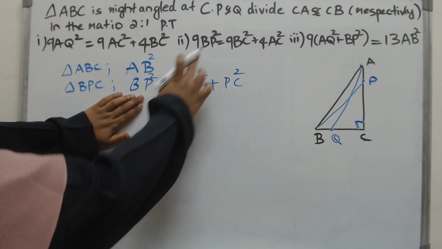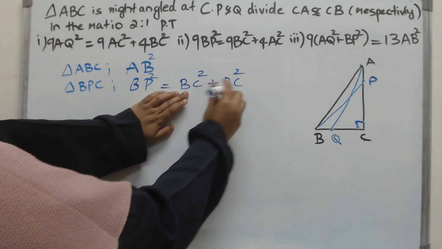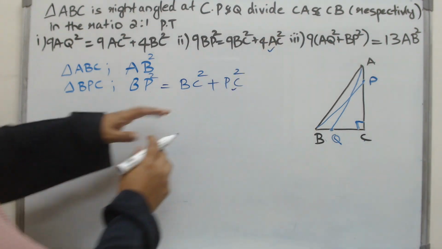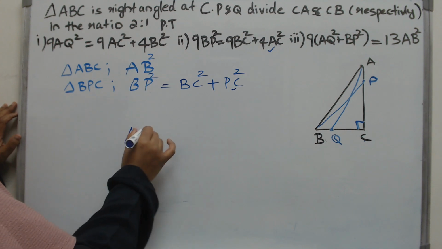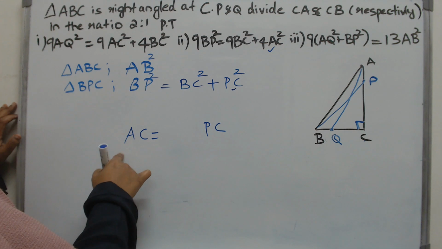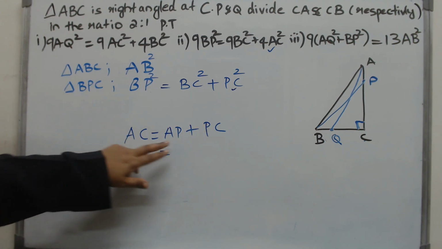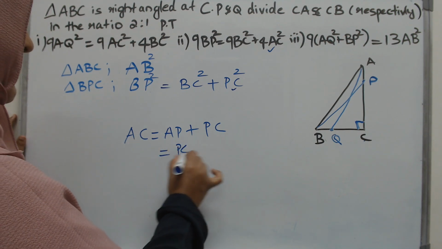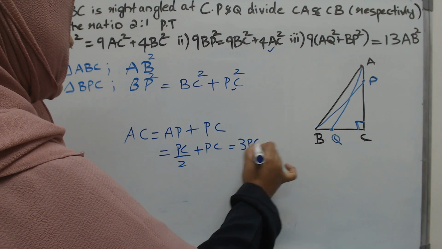What all have we got? There a BP square and here a BC square, and this is the only part which is a bit of a problem. Now how do we connect AC and PC? AC is equal to AP plus PC, but what is AP? It is PC by 2. Then add them and you will get 3PC by 2.